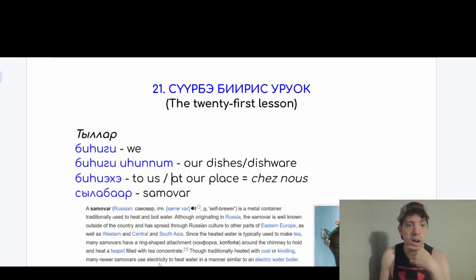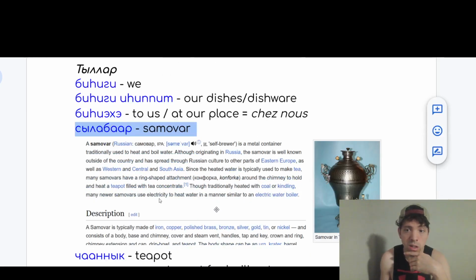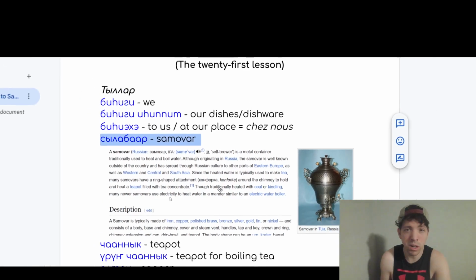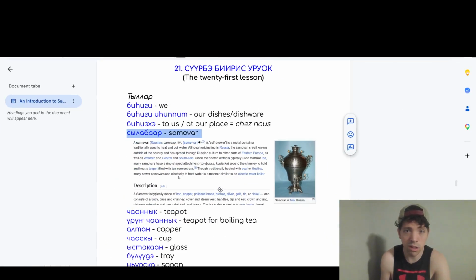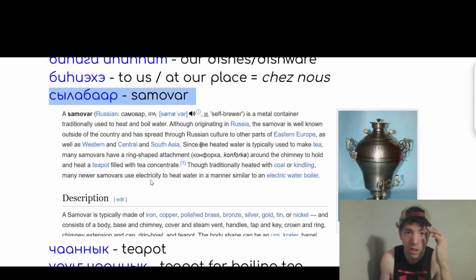Then we have salabar, which is samovar in English, which is a Russian word. But as you see here, that's what it looks like. I'm going to zoom out a little bit just to make sure you guys can see. Well, no, I'll zoom in first so you can see the blurb.